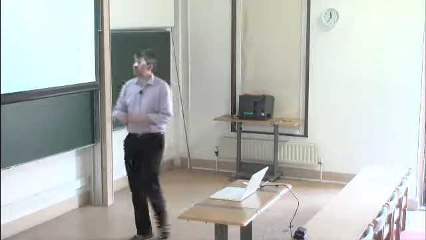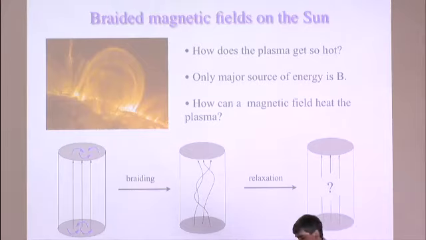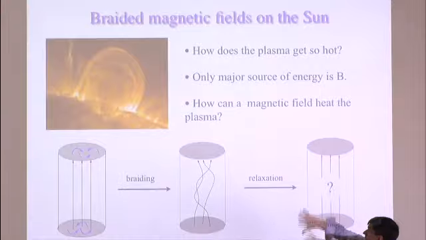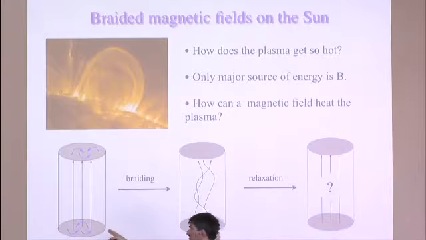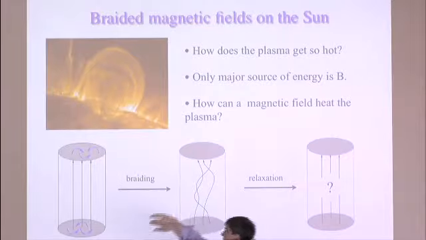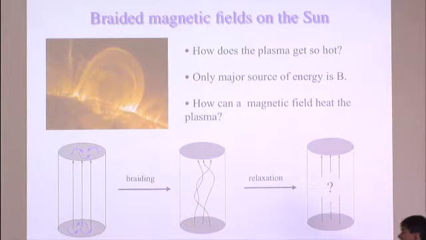And if you want to make a simple cartoon of this, then you can straighten out this solar loop into a simple cylinder. So the foot points on both sides of the loop correspond to the lower and upper boundary of the cylinder.